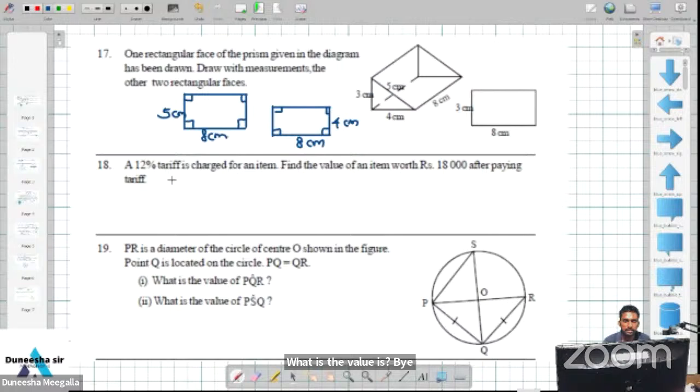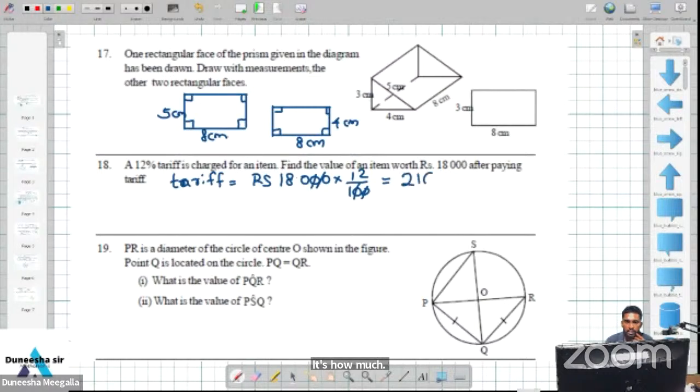What is the tariff? We can find the tariff equal to 18,000 multiplied by, how much? 2,160 rupees. Is it 2,160? Is it the answer?